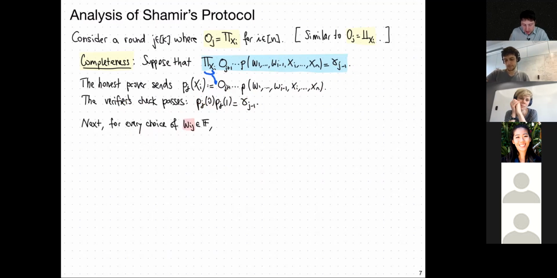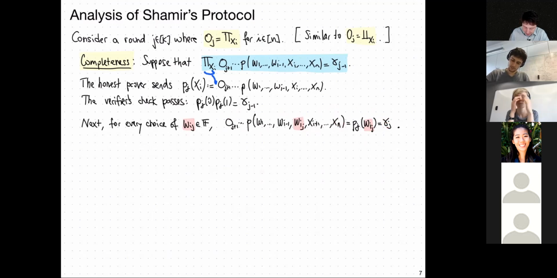Now, for every choice of randomness by the verifier, the new claim gamma j, which is set to be pj at omega ij in the previous slide, really does equal this one, right? Because this whole expression is pj, because we defined it right here.